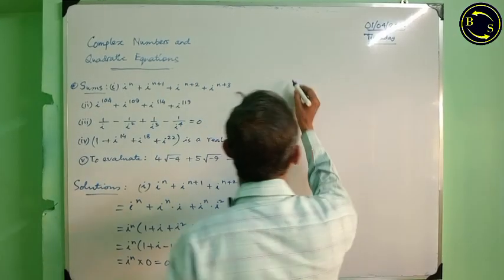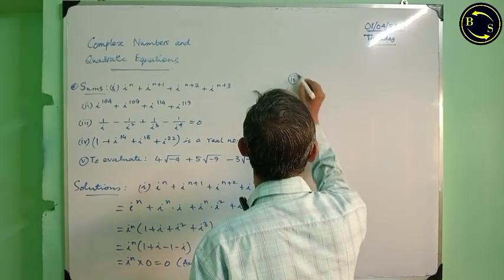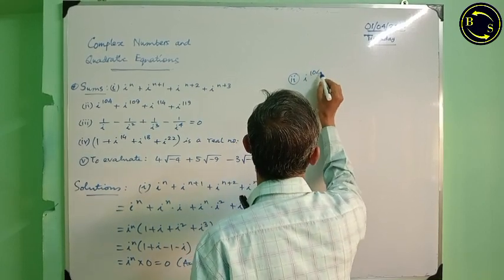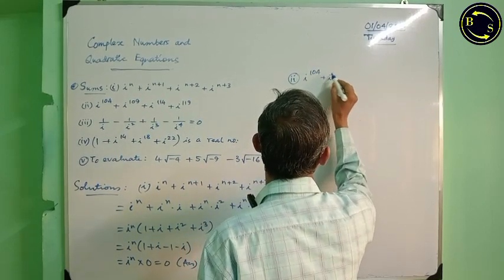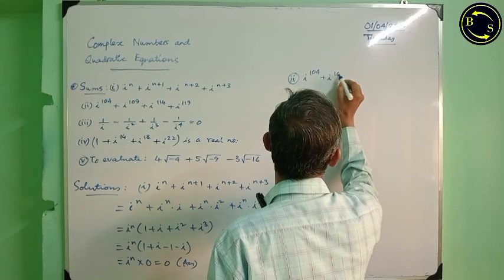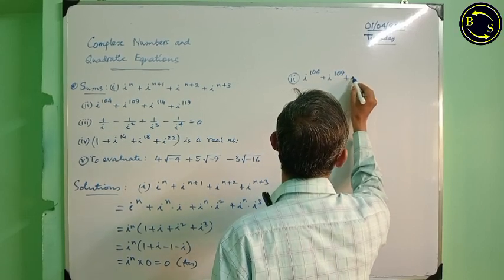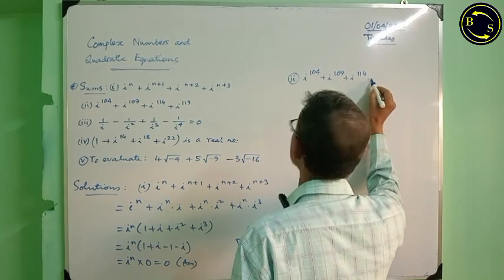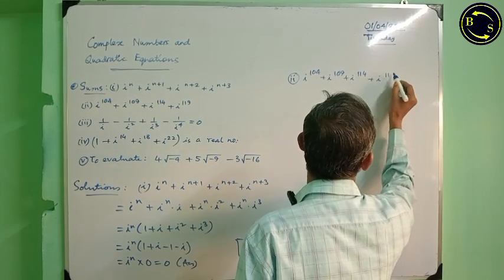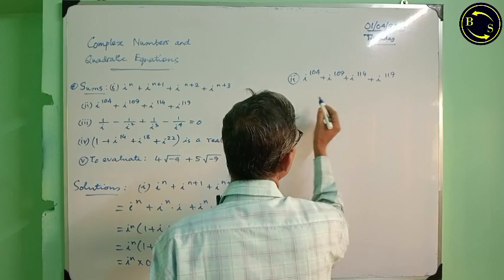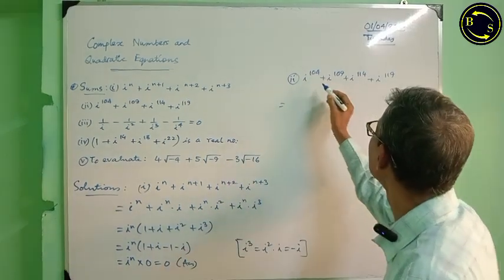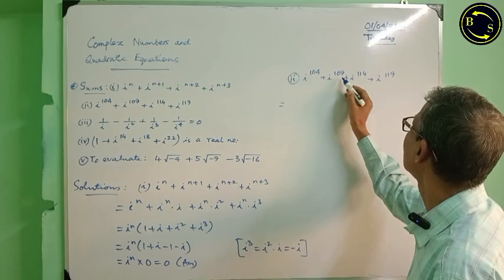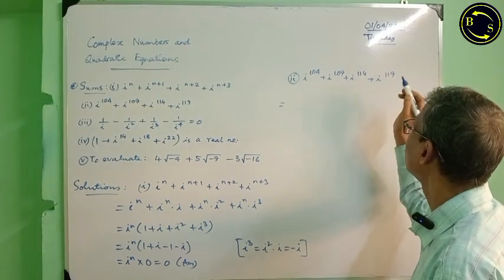Next, number 2. Let me copy the sum first. We see 104 is the lowest of 104, 109, 114 and 119.